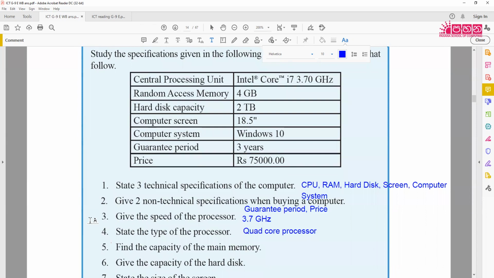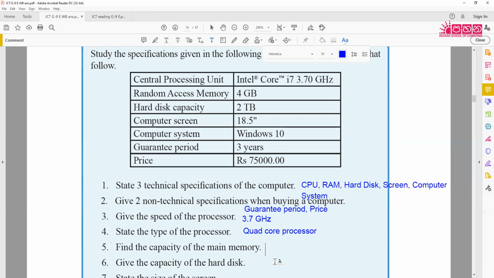Then, can you tell me what is the main memory here? What is the capacity of the main memory? Yes, what is the memory capacity? Yes, 2 terabyte.